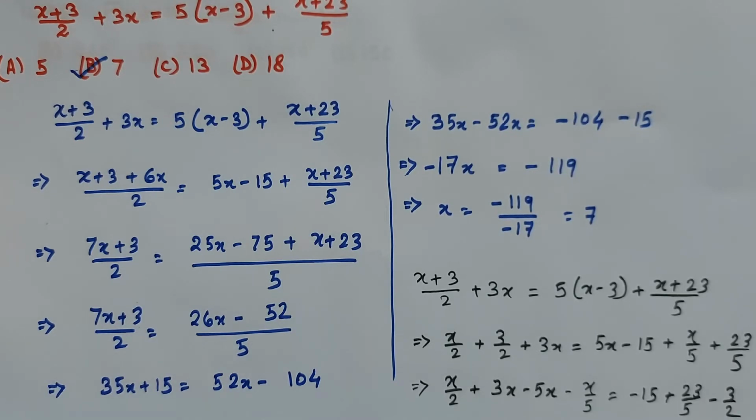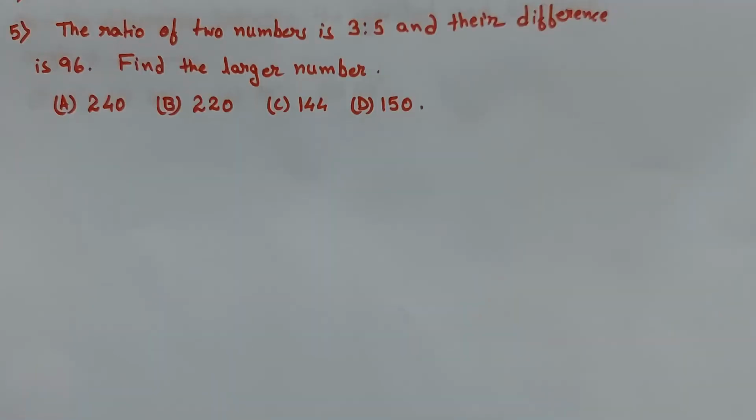This will reduce your calculation part, and you will be able to do the math faster. This is another method to separate how we can process it. You can try this, and check whether the result comes out the same or not. Okay, so let's move to the next question.